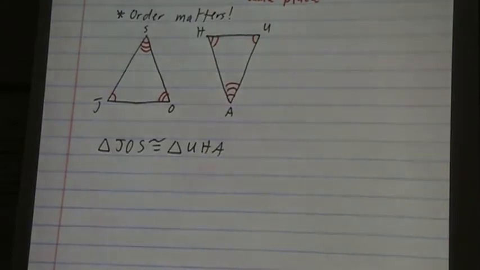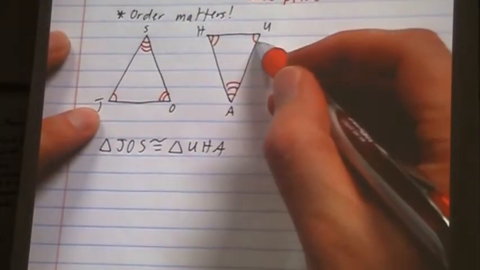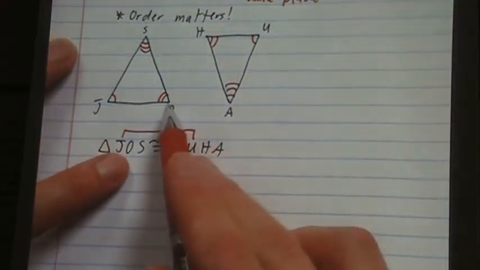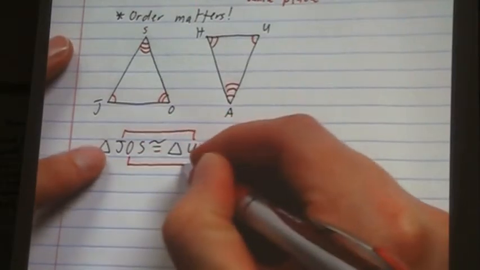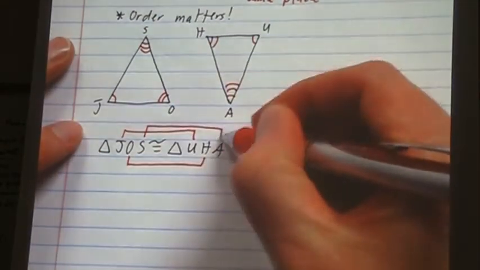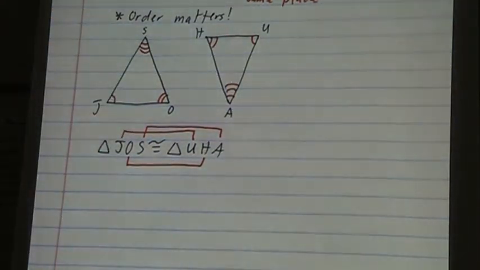Boom. There you go. And you'll see the J matches with the U. So the first pieces match, the middle pieces should match, and the end letters should also match. So all the pieces are equal or the same.